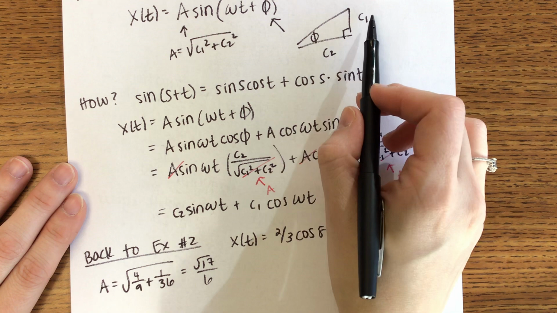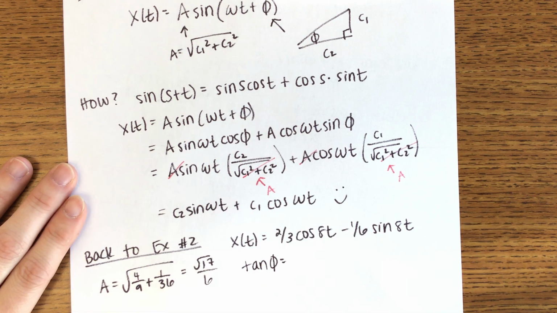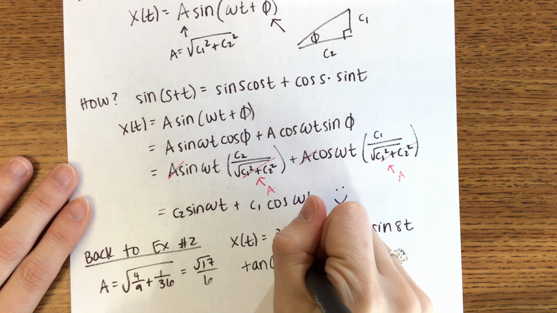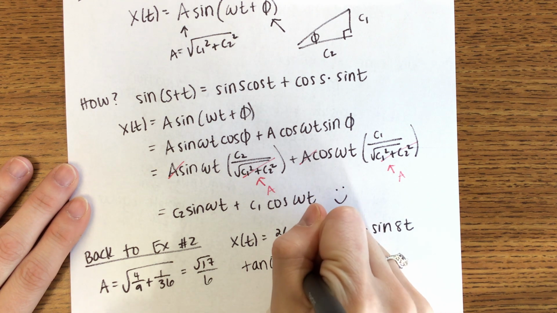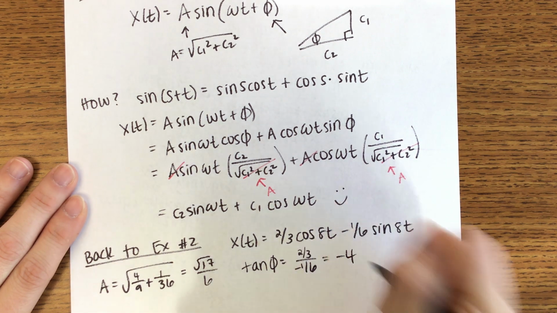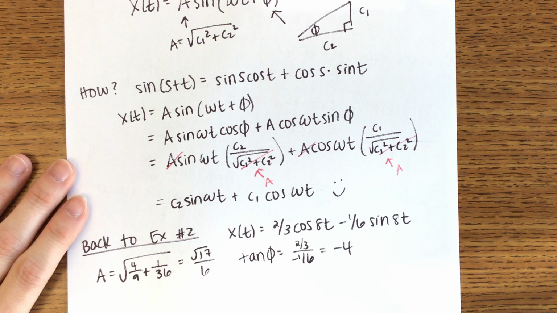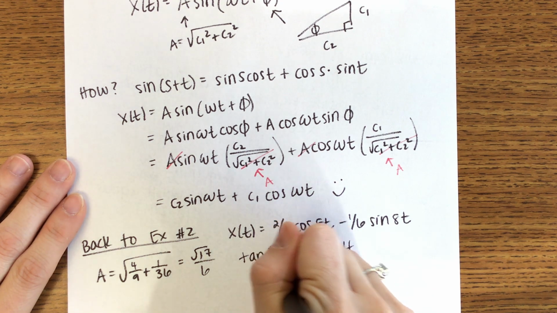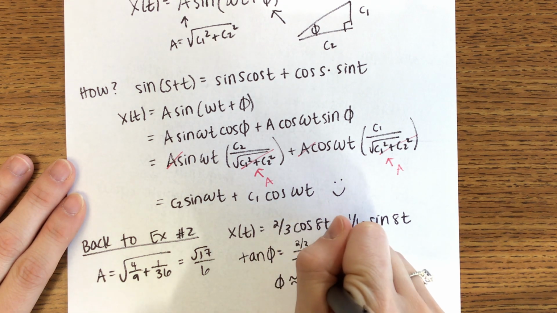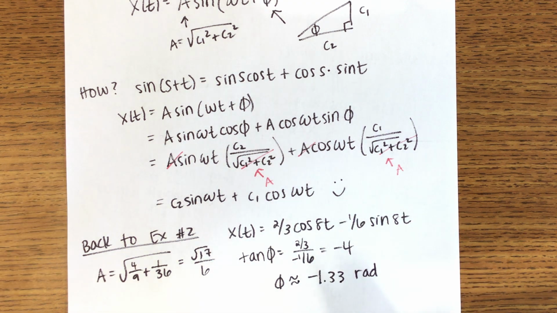To find phi, using this triangle where you're going to use tangent, we get 2/3 divided by negative 1/6, which is negative 4. You end up getting phi to be negative 1.33 radians.